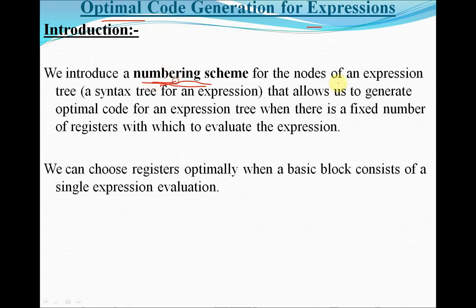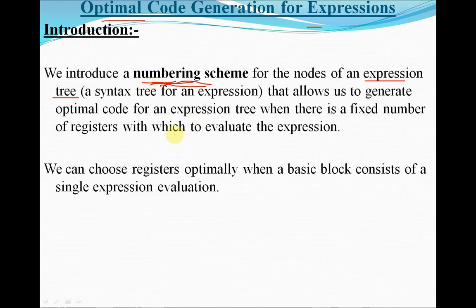So how to define this numbering scheme? First we have to write the expression tree. Expression tree means syntax tree. After writing the syntax tree, for each node we have to represent a label or a number called the Ershov number that defines the minimum number of registers required to compute that node, or to translate that node or sub expression into the target code.